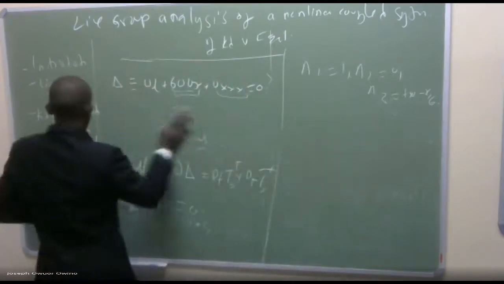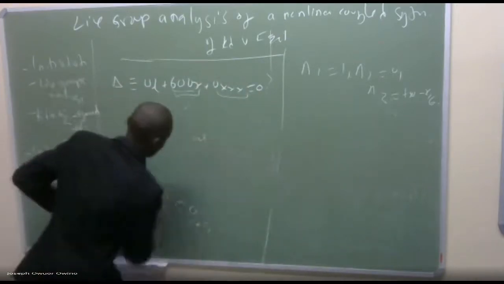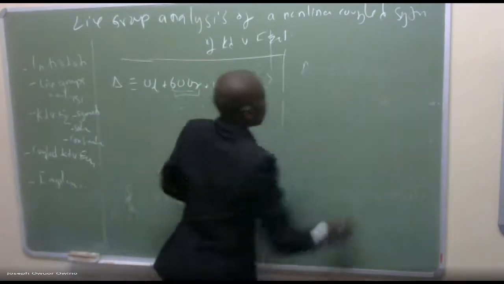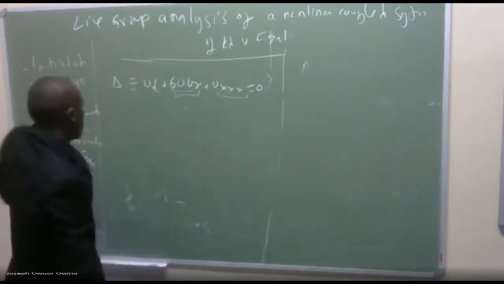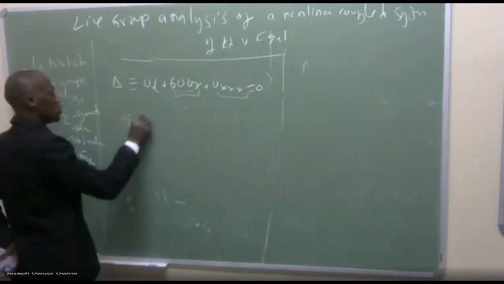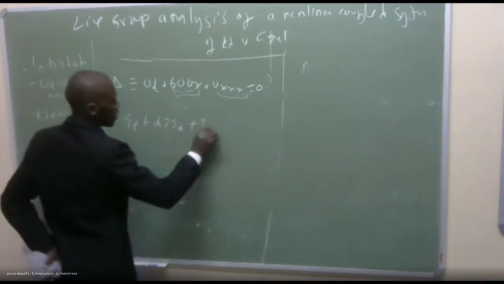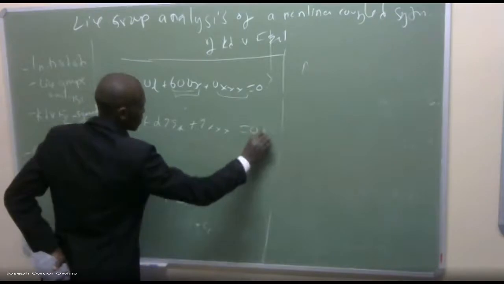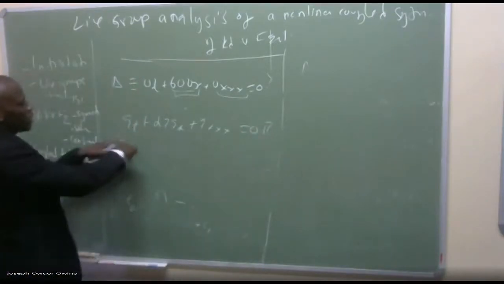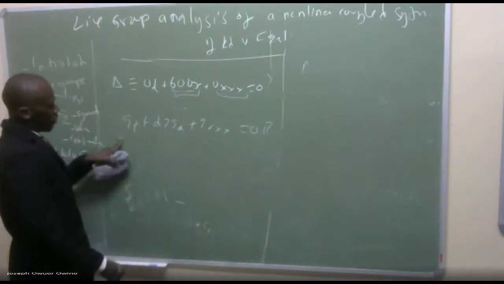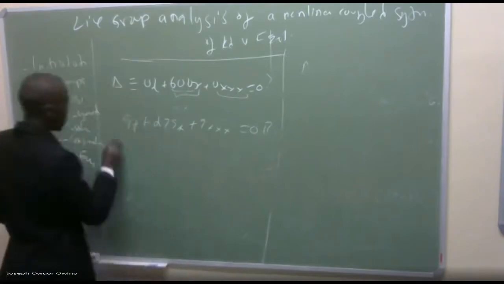On to the coupled KdV equation. We obtained a coupled system by starting with a complex-valued KdV, complex KdV defined in a complex plane, and then we separate into real and imaginary parts to get a system.